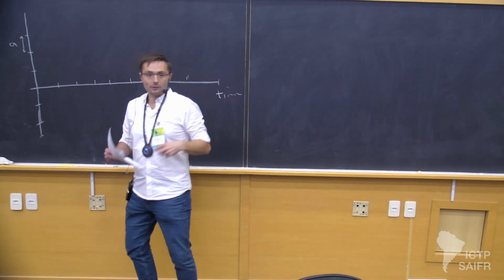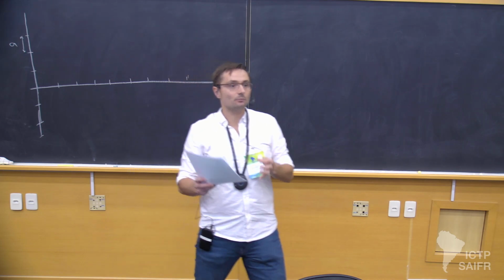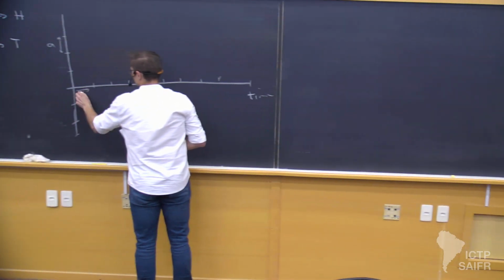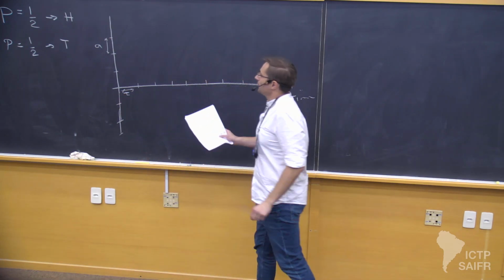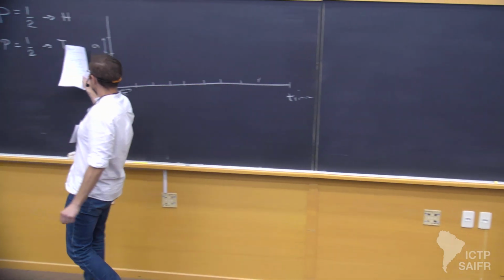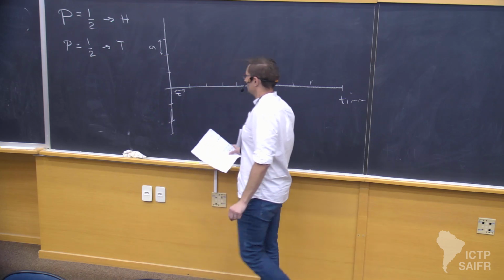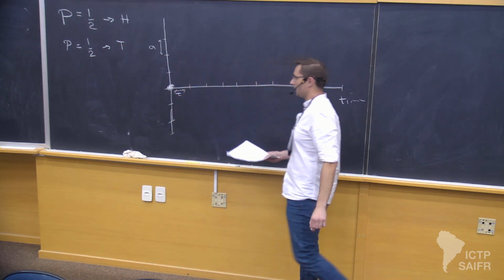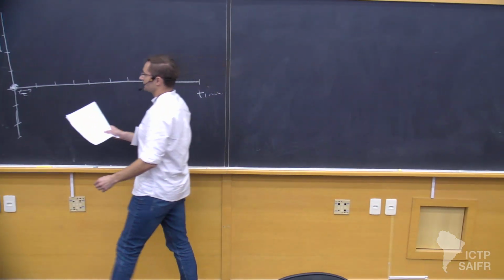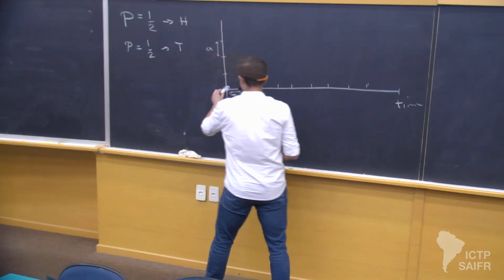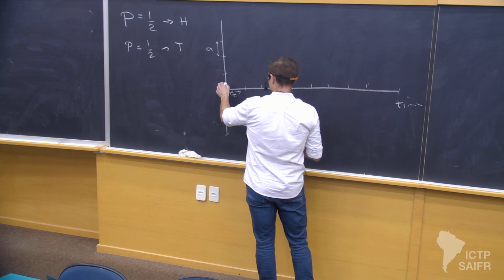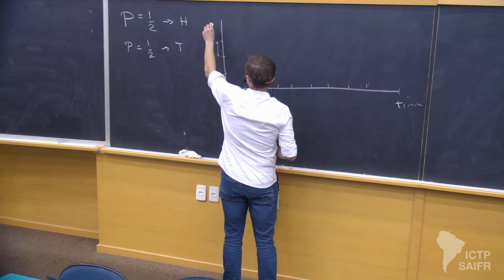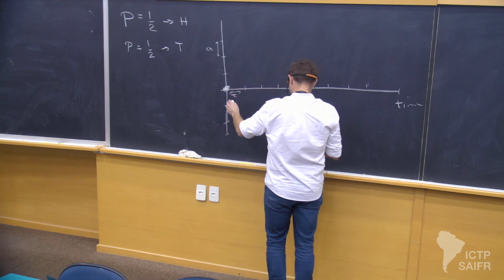Every time I flip my coin, I will let my time pass some interval, let's call it tau. And whenever I get a tail, my virtual particle is going to go, let's say, to the right, to keep consistency. So let's say this is positive A and this is negative A.